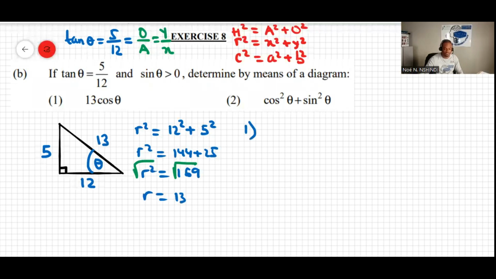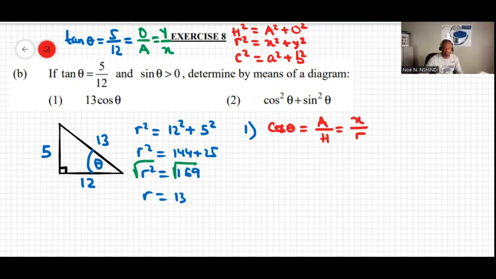Like question 1, for instance, when they say 13 cos theta, I know that cos of an angle is equal to adjacent over hypotenuse, or x over r.